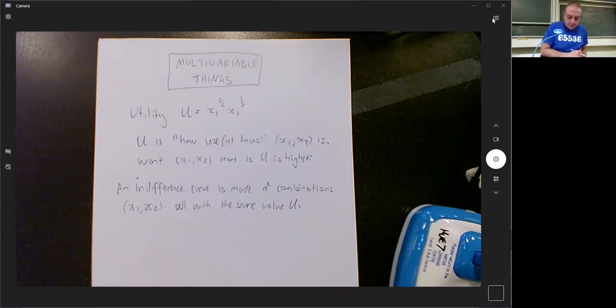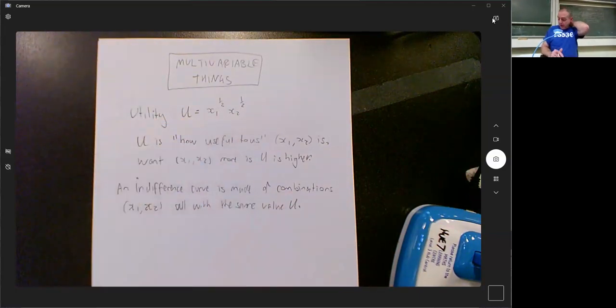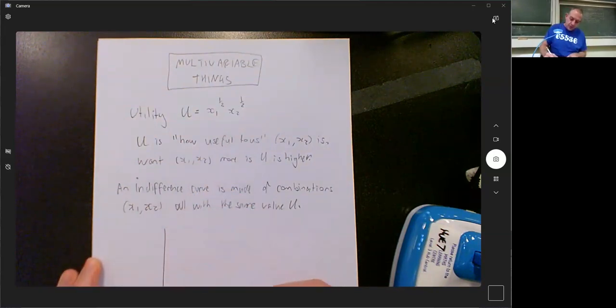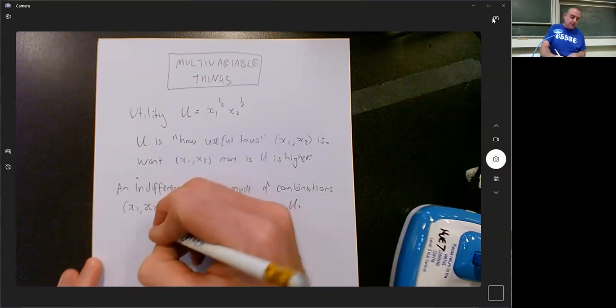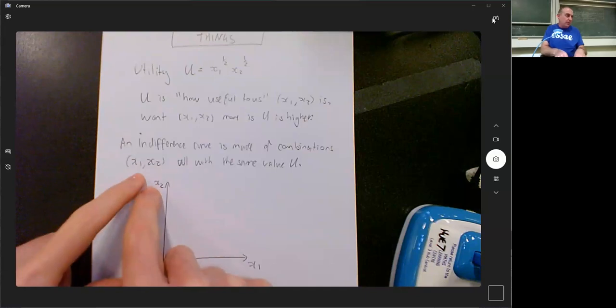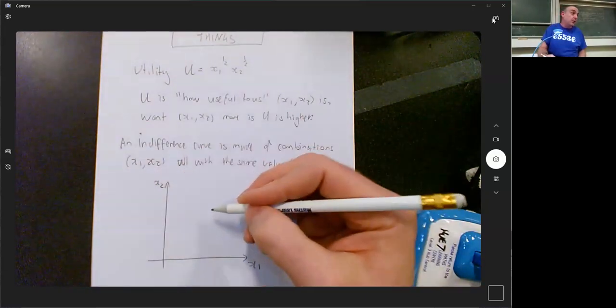Okay, cool. So that I'm good with, and I'm not even going to answer the question yet. I am just going to say that I can find indifference curves for this, and what you do is you draw pictures of the x1s and the x2s, and this is how many of commodity 1 that we buy, and this is how many of commodity 2 that we buy. And the u isn't drawn on this picture at all.